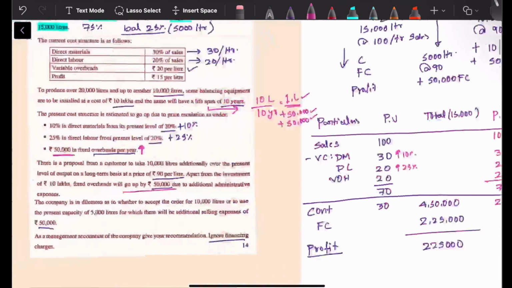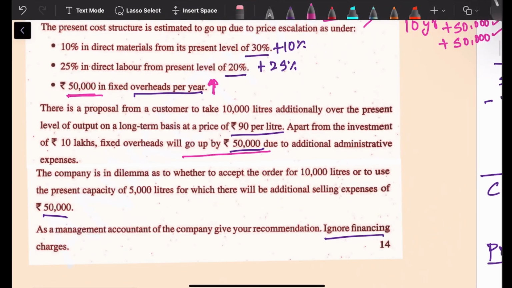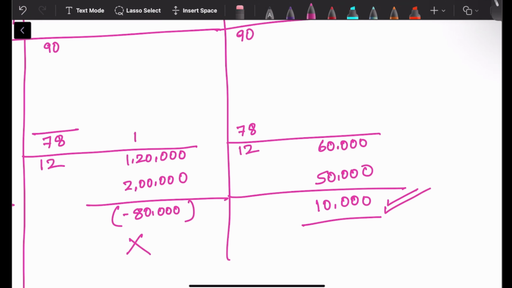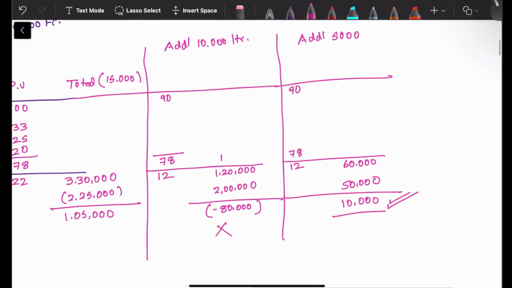But I have to incur additional selling expense of 50,000. So additional 50,000. So I have a profit of 10,000 rupees. So that means this is acceptable. This is my decision. I will not go with that additional order. I reject that. But I can fulfill 5,000 liter if required at 90. In that case, I will end up with a profit of 10,000 rupees.